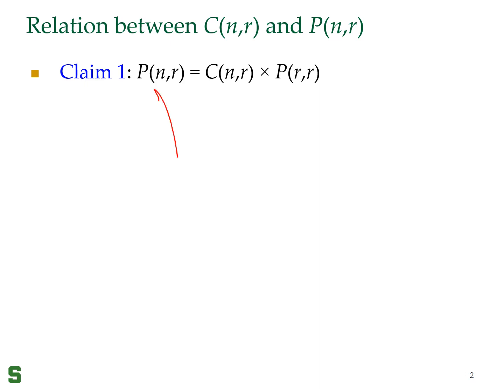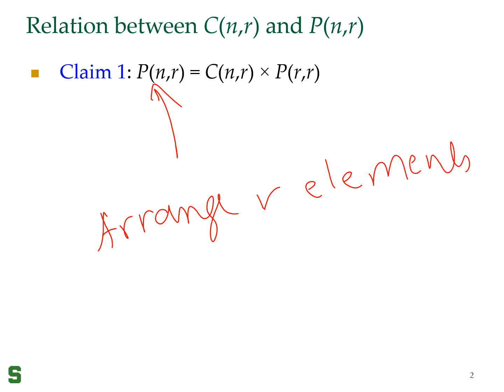This says I'm supposed to put r elements in order out of the n elements. So I have to arrange r elements in order. What I'm going to do is do this in two steps.